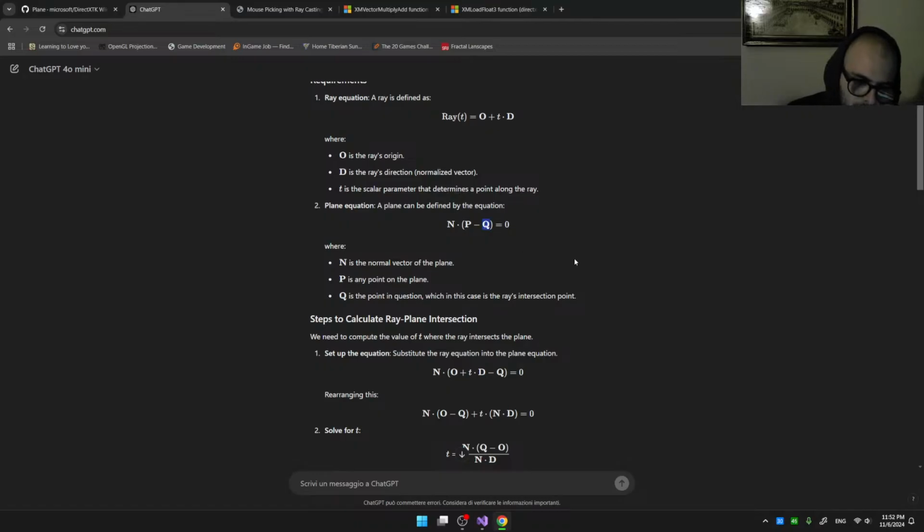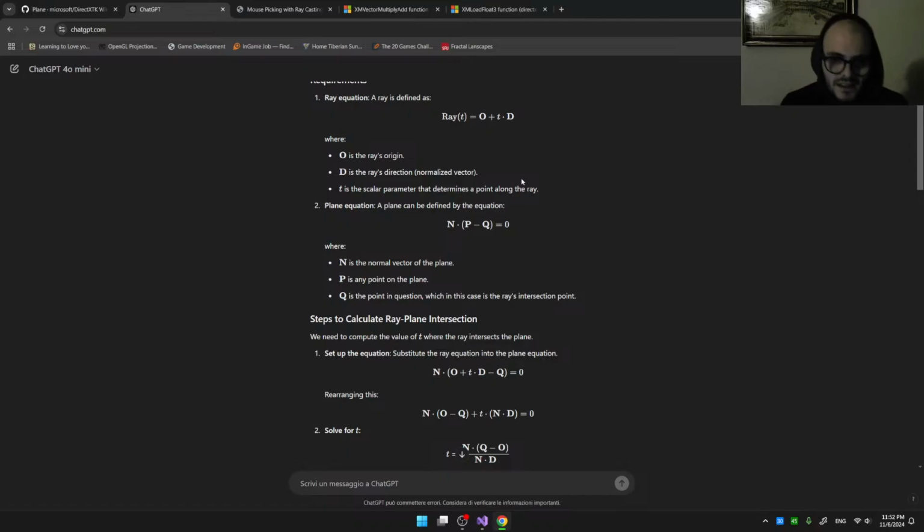Q is a point that is needed to define the plane, because if I just have a normal, you have an infinite stack of planes that have the same normal. So you need a point to say which plane you want.